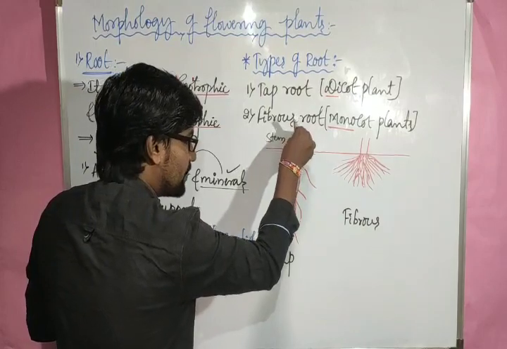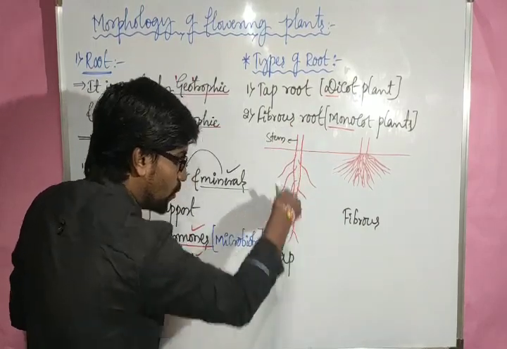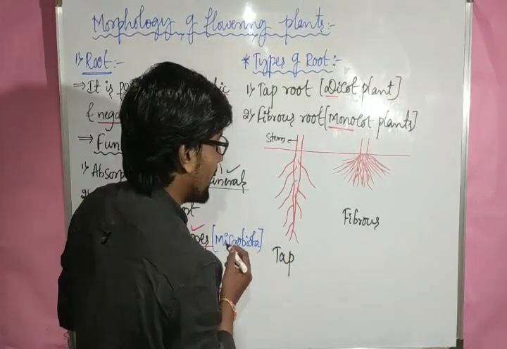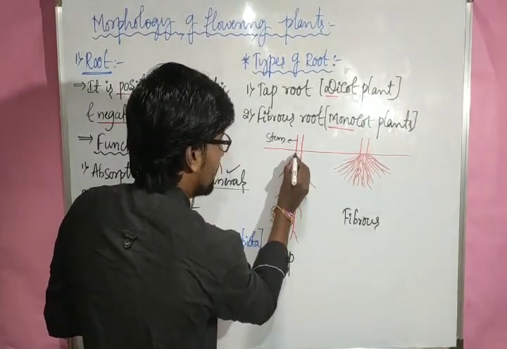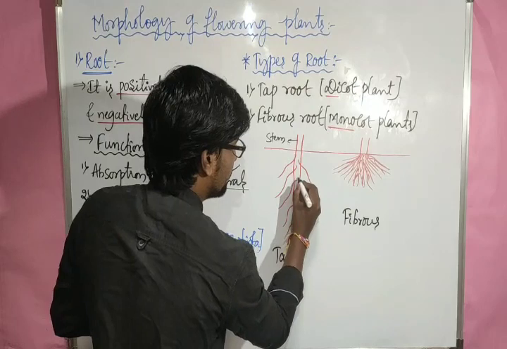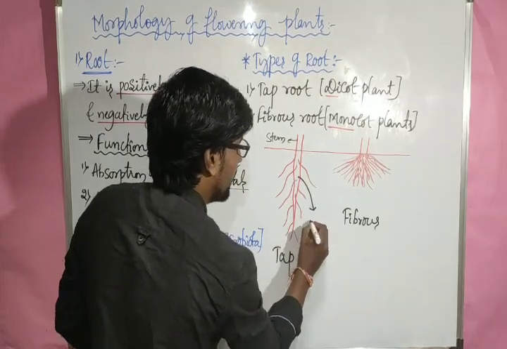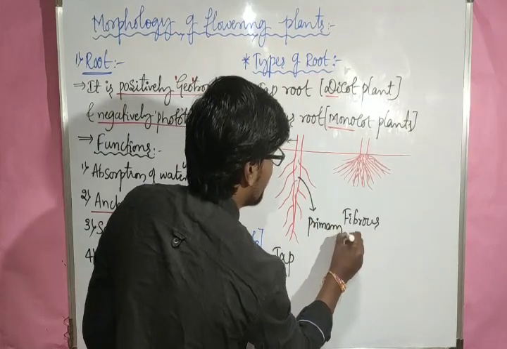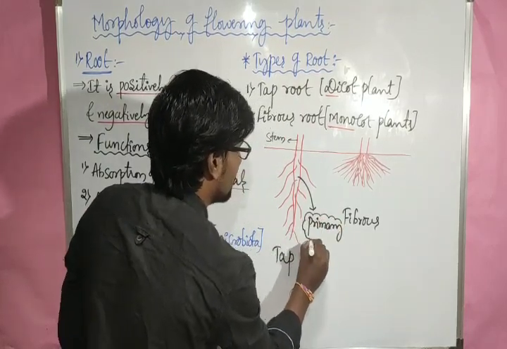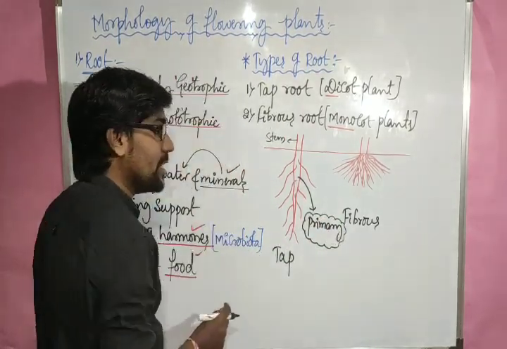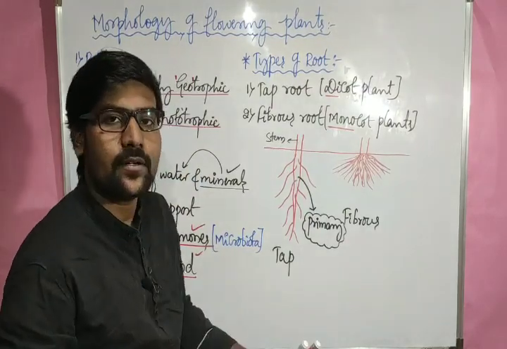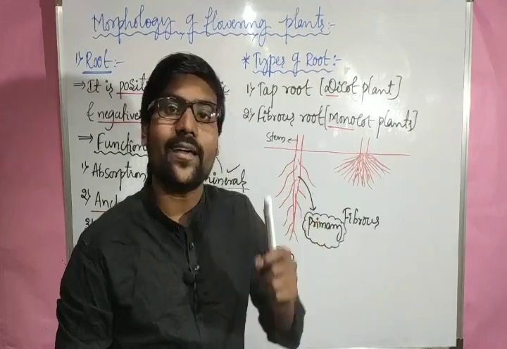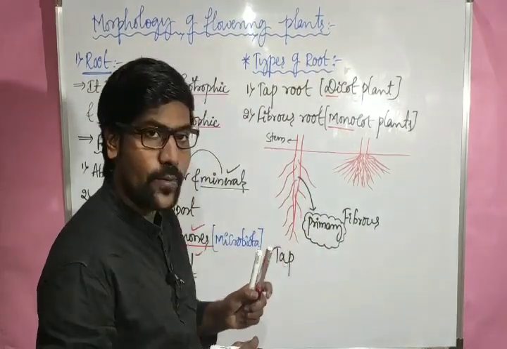So along with the stem, root is entering downward, positively geotropic, right? And here this root, this is primary root. Yes, so this is primary root. That means the root which is developed first from the radicle. This is the primary root.